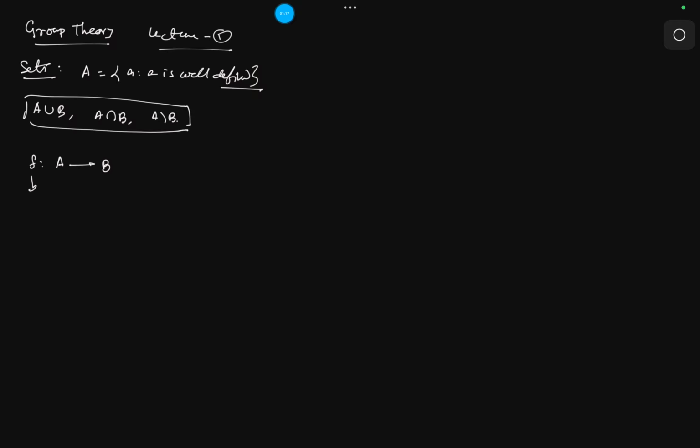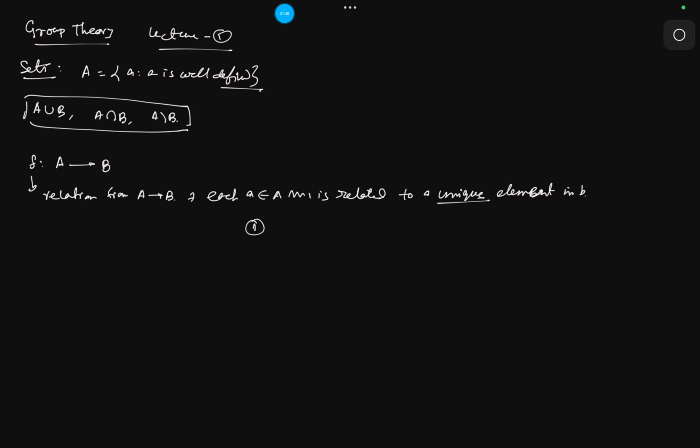That is, f is basically a relation from A to B such that each small a belonging to capital A is related to a unique element in B. If I break down this condition, it means that if you take any small a in capital A, I will get some f of a in capital B, and whenever I have any two elements in capital A which are the same, then it is a must that f of a and f of b must be the same in B, right?